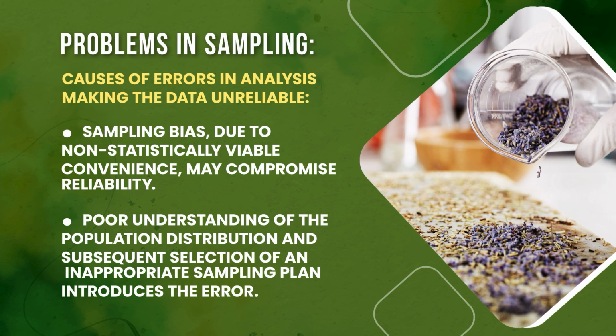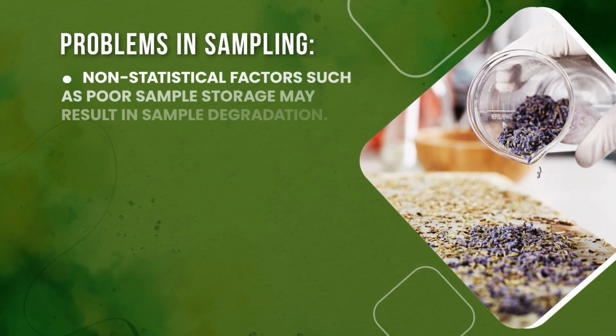Subsequent selection of an inappropriate sampling plan introduces a big error. We have seen it, the sampling plan accounts for almost 50 to 60% of the error in analysis results due to wrong sampling. Non-statistical factors such as poor sample storage may also result in sample degradation.